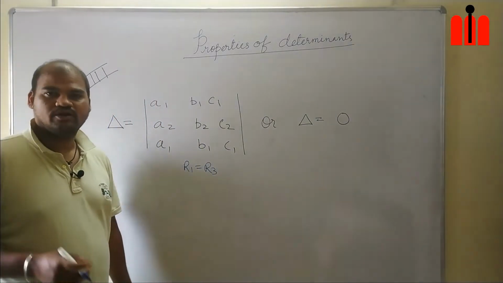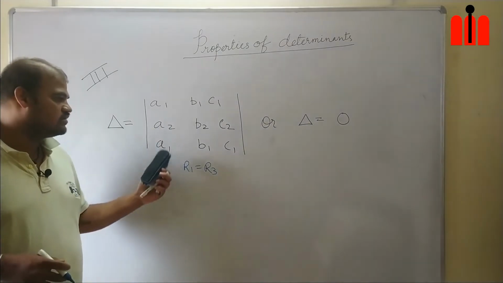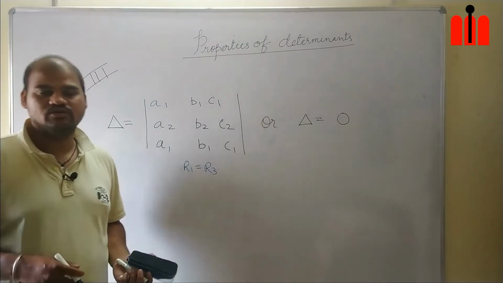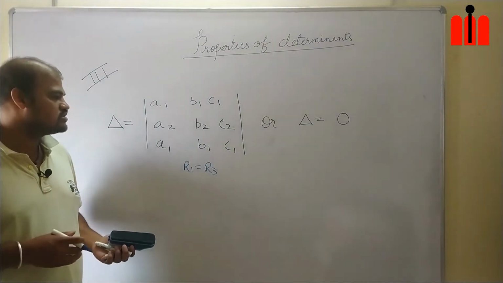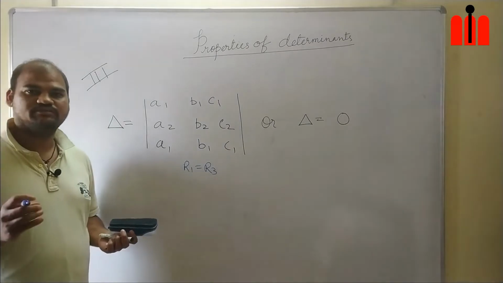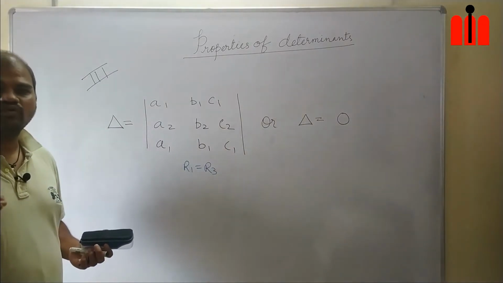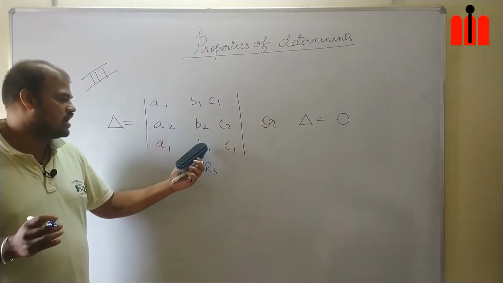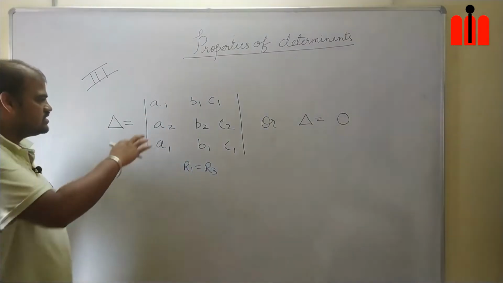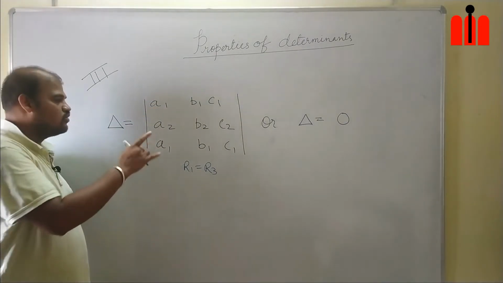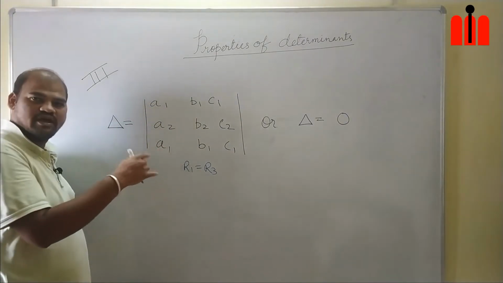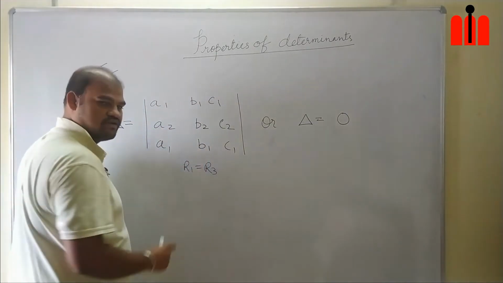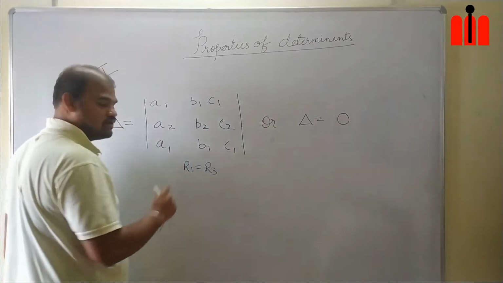Did you understand this? Whenever the columns or rows are identical, the determinant will be 0. Why? Because in the detailed explanation of our matrices, I told you about the row operation and the column operation. Once we perform the row operation R3 tends to R1 minus R3, then A1 minus A1 becomes 0, B1 minus B1 becomes 0, and C1 minus C1 becomes 0.